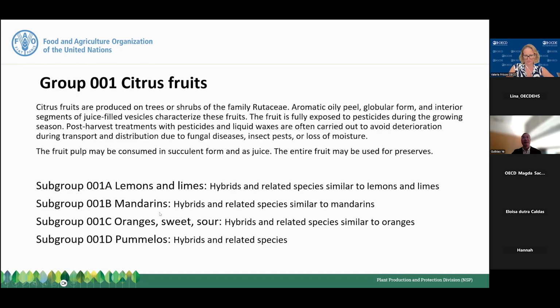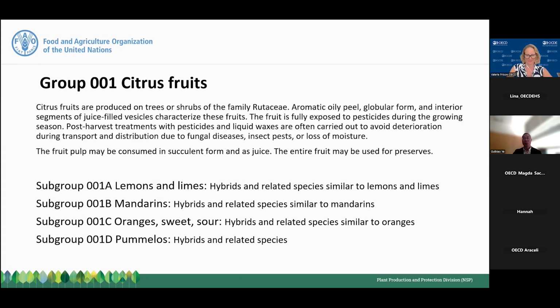Then, for example, for group 1, citrus fruits, they have some description of this crop, mainly including the scientific classification system, family, genus, and species, and also some important traits of these crops, like for citrus, aromatic oil, peel, growth form, something like this.